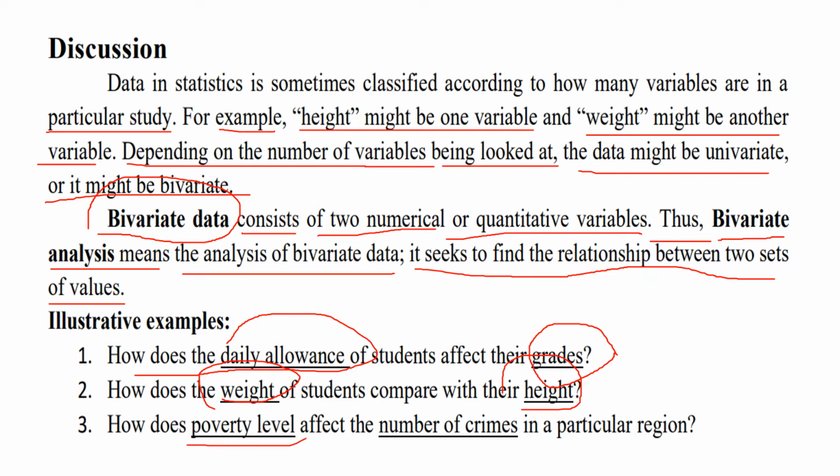For number three, poverty level and number of crimes. In a particular region, for example, I said a while ago, when the poverty level increases, most probably the number of crimes increases, because people need to survive.